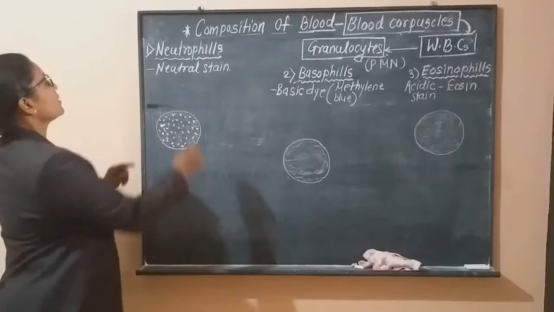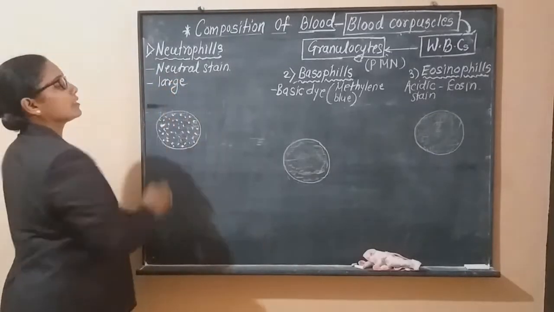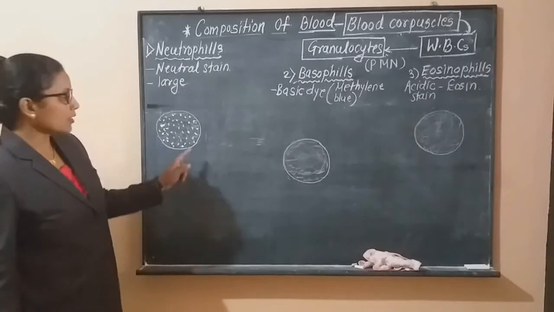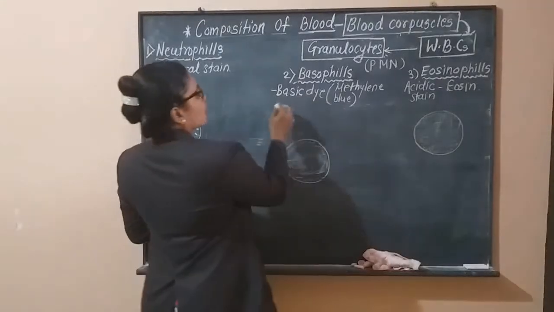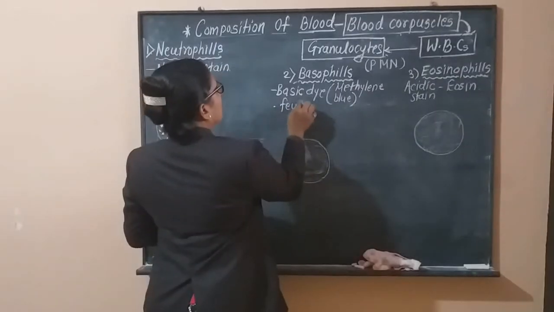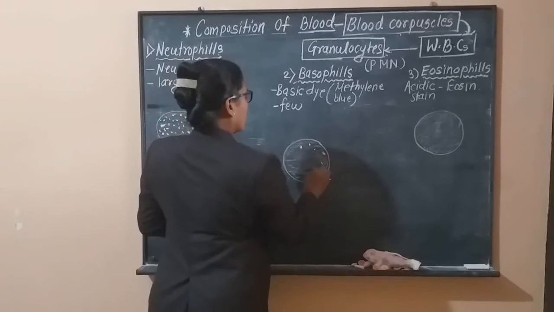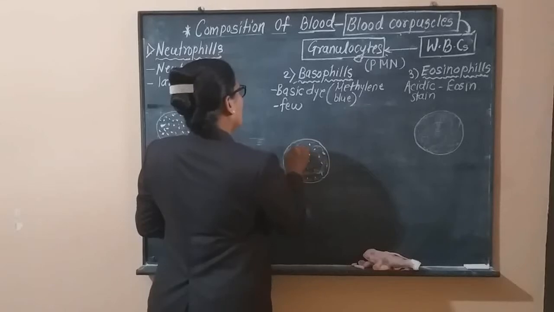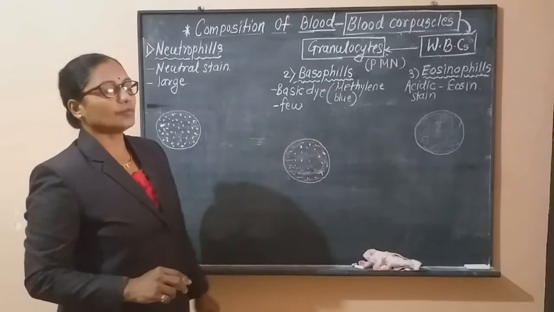These neutrophils have large sized granules. And in case of basophils, granules are present, but they are few. Means according to the type of cell, there is different concentration.